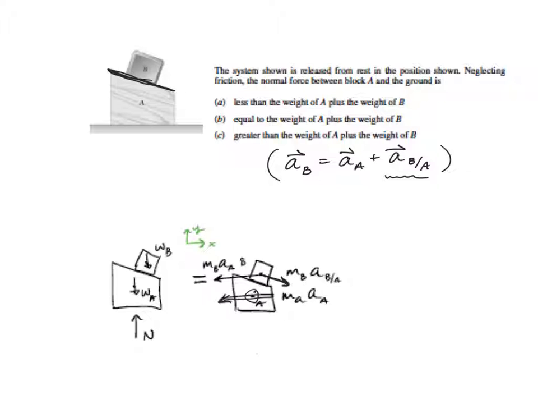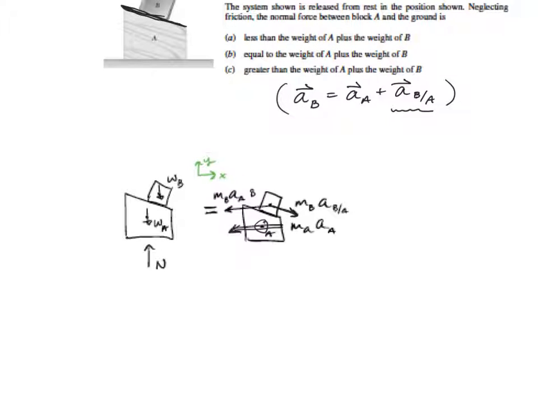So we can redraw the FBD KD system with block A with its acceleration on it, and then block B with an application of the relative acceleration equation. So we end up with the acceleration of A and then the relative of B with respect to A down the slope.